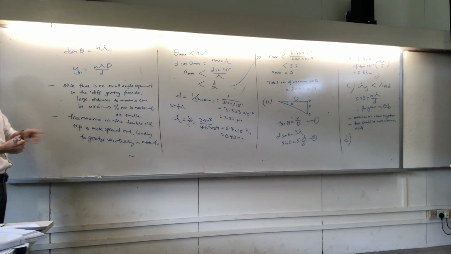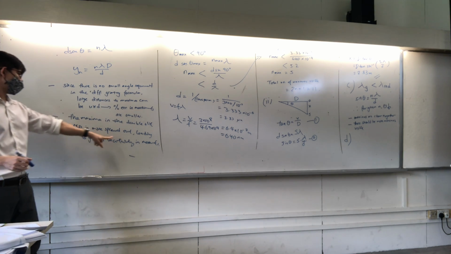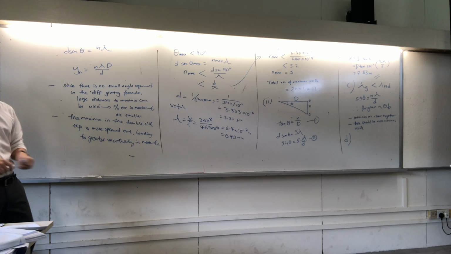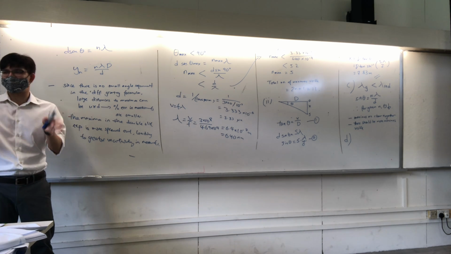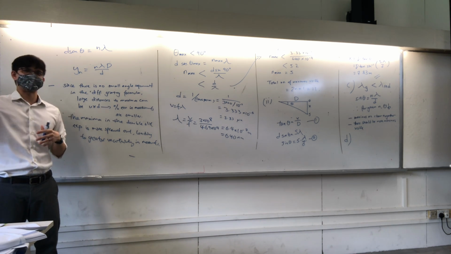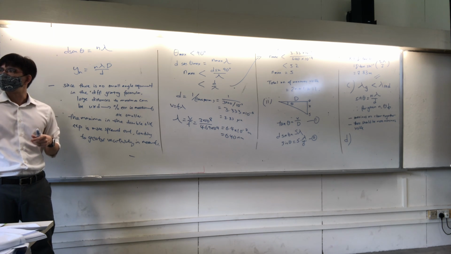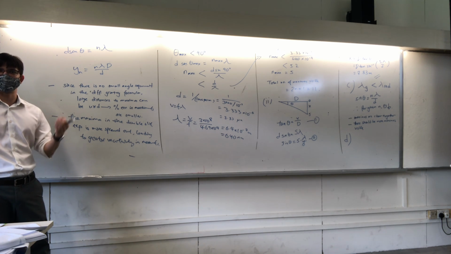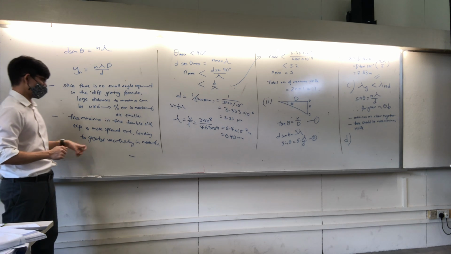So you can say that the maxima in the double slit experiment is more spread out, leading to greater uncertainty in your measurements. It makes sense, right? If it's spread out, I can't determine exactly where the brightest part is. Whereas if it's just a point source, which is what the image of the diffraction grating is, then you will be able to get it.